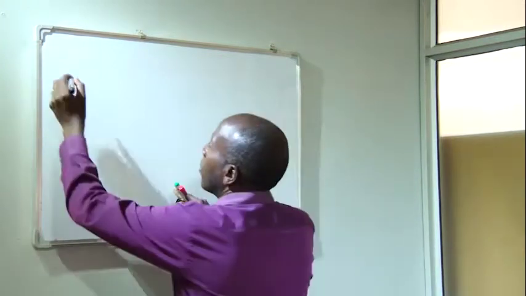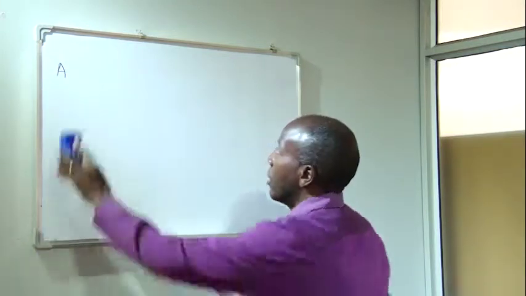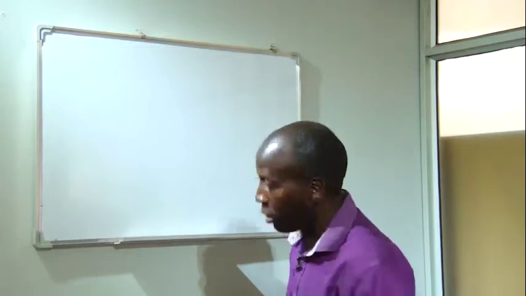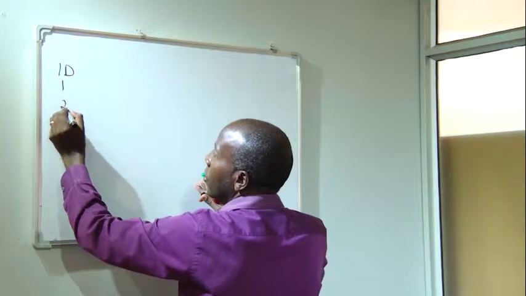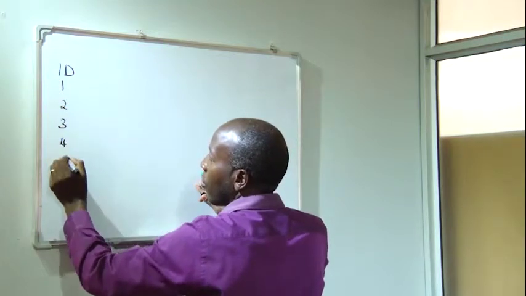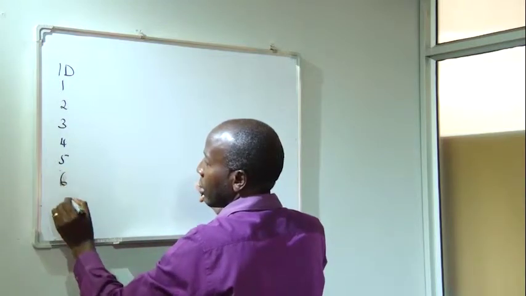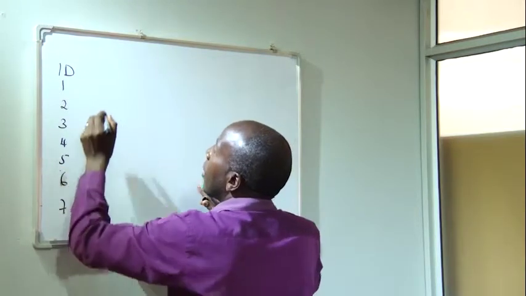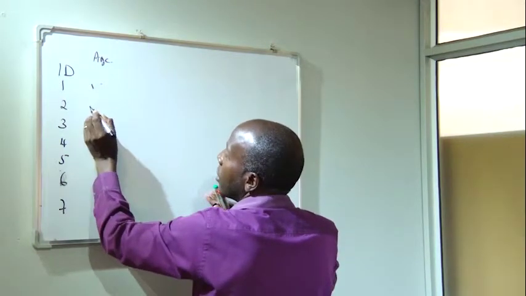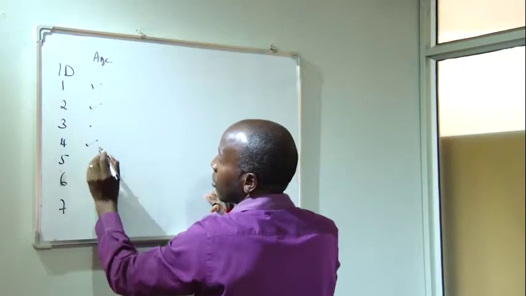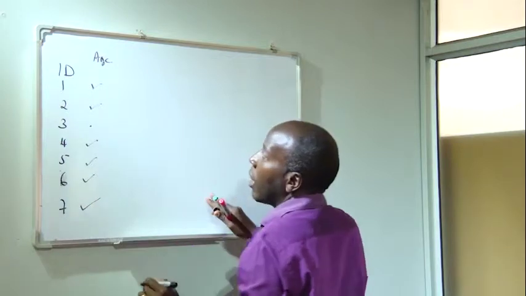And so, for example, if we have these observations, let me do a simple illustration. We have ID 1, 2, 3, 4, 5, 6, 7. Now we have variables, and here is age. This person has age, this one has age, this one is missing, this one has age, everybody else has age except ID 3.